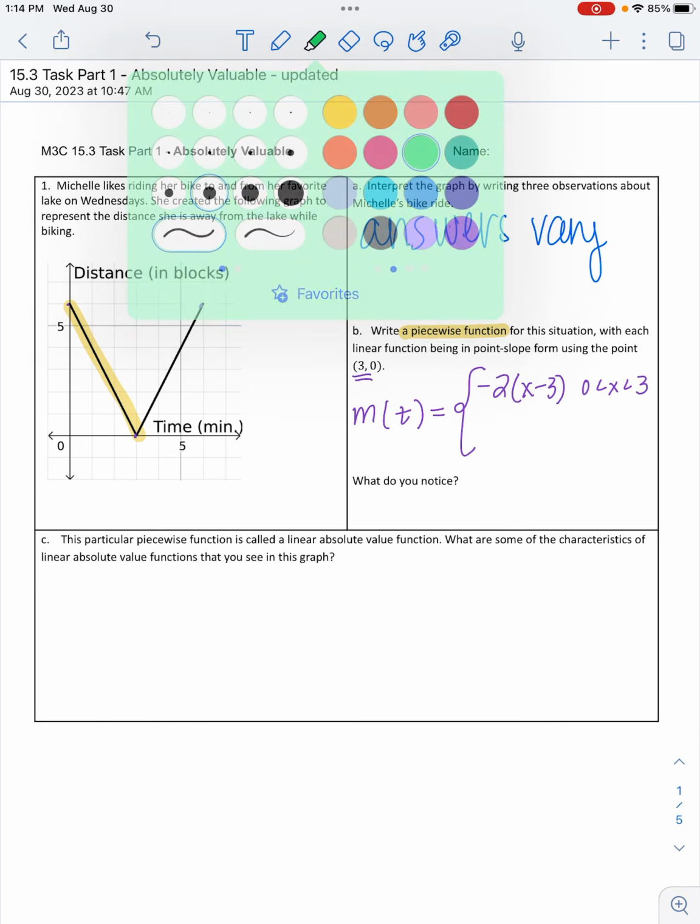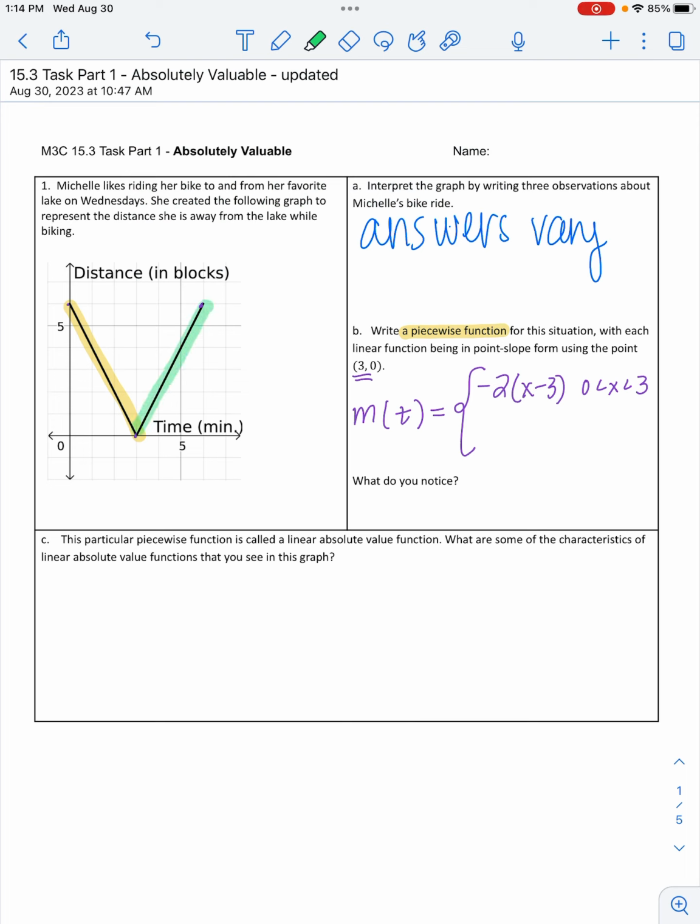Then we have to look at the second piece, which is our right side, and write the equation for the right side. So that has a +2 slope, same point, x minus 3, and that exists from the 3rd minute until the 6th minute. Now, for the inequality signs, the 0-minute point and the 6-minute point do exist, so both of those should have equal to signs.